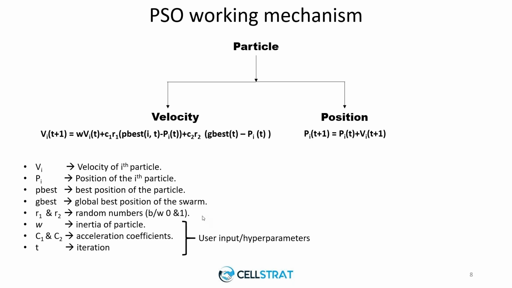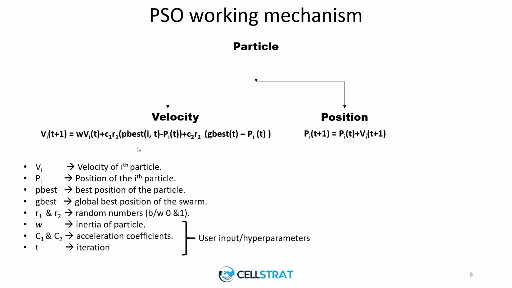We'll discuss this in the coming slides, maybe with the help of an example. If you don't get this equation now, that's completely fine, because we'll try to explain it with an example. I think it will be good to throw some intuition on the equations.